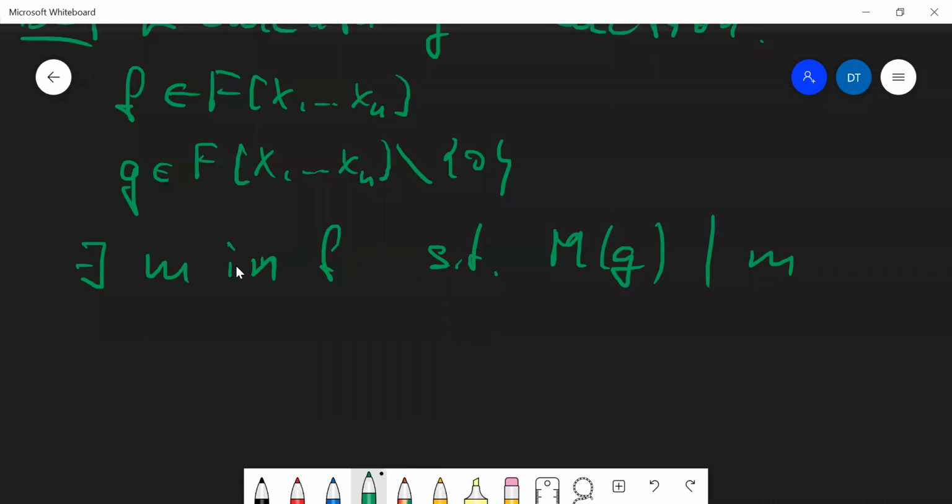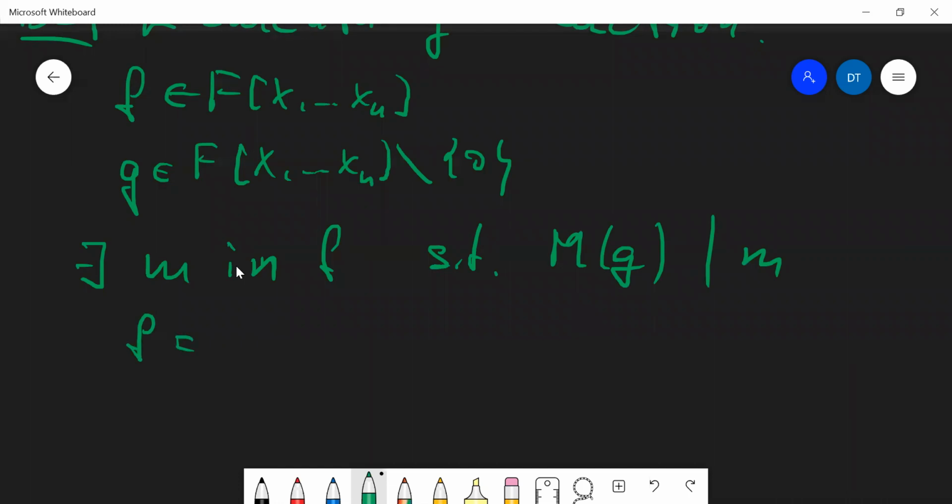Then we can do this thing. We take f and we subtract the following expression. Oh, by the way, before doing that, I should, I'm sorry, it divides m. So let me write this explicitly.